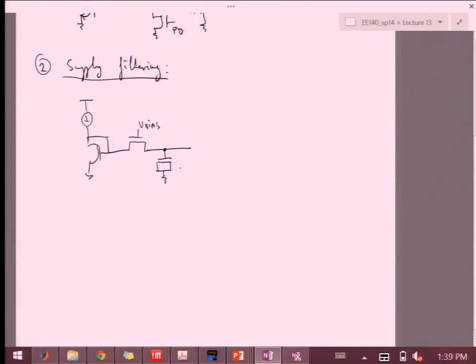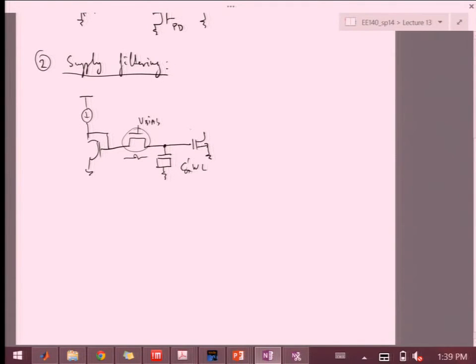So now the whole cap here will be C prime ox WL, right? Instead of 2/3. So I'm getting a little bit more capacitance here. And then this goes into my reference device. So this transistor here acts as R, and this one acts as a C.